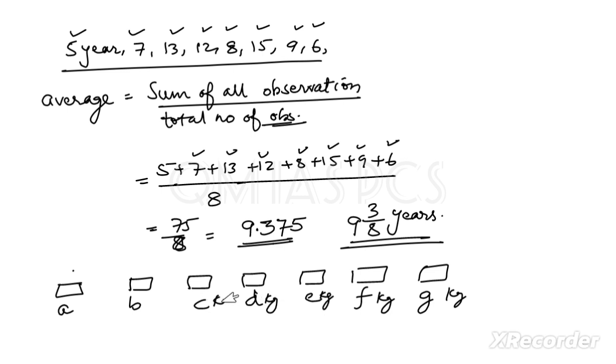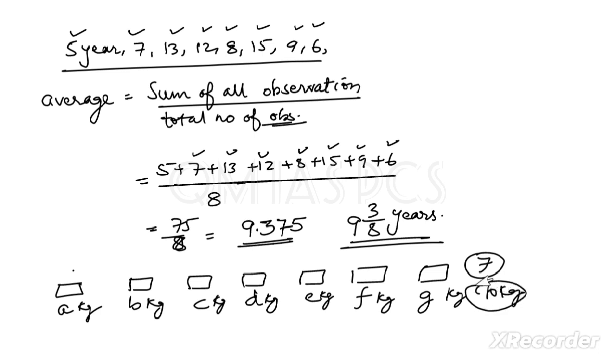So now if I ask how many boxes are there, 4 plus 3, that is 7 boxes. And their average weight, if I say the average weight of these boxes is 10 kg.